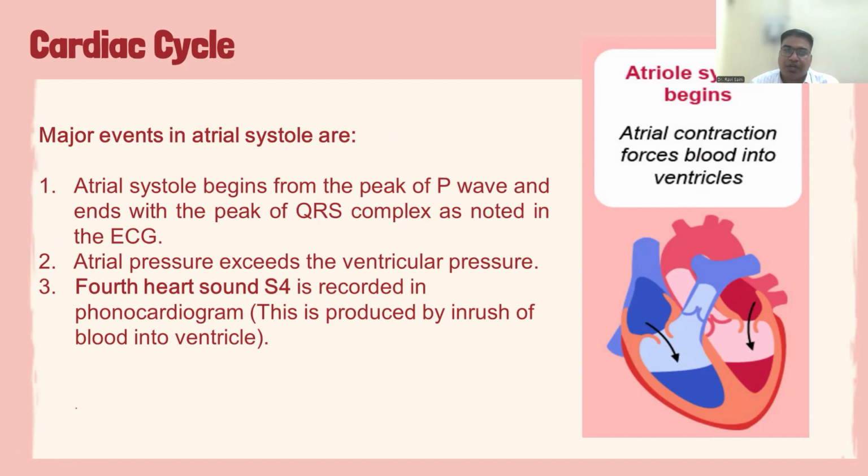There are some specific conditions like atrophy of atria or ventricle. When there is a stiffness of cardiac muscles in atria or ventricle, then they'll produce a sound when blood will enter from the atria to ventricle. This sound is called fourth heart sound, S4, which is always audible in pathological condition.